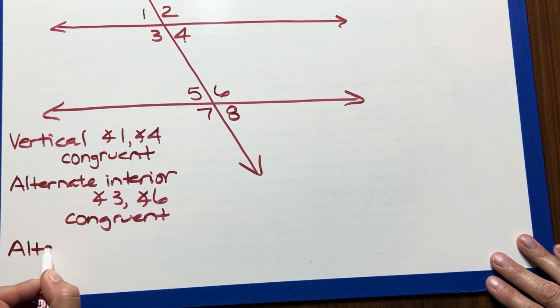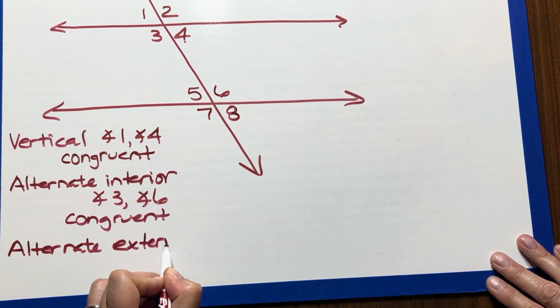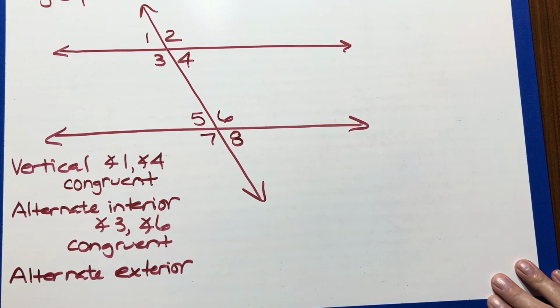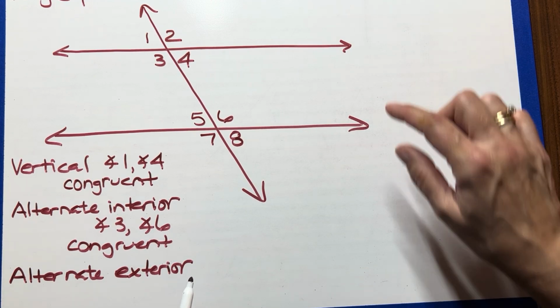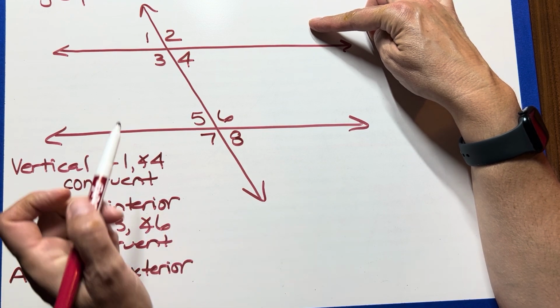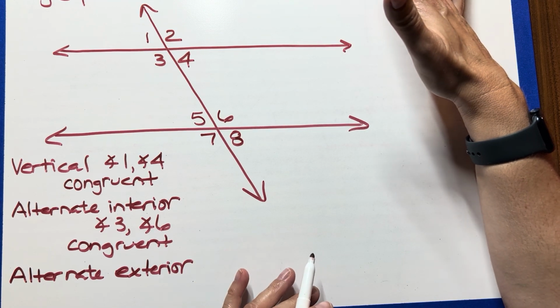The next pair, alternate exterior angles. So kind of similar to the alternate interior, alternate being on different sides of the transversal, but exterior meaning that they are outside of the parallel lines. So in this case, angles 1, 2, 7, and 8 are exterior angles.